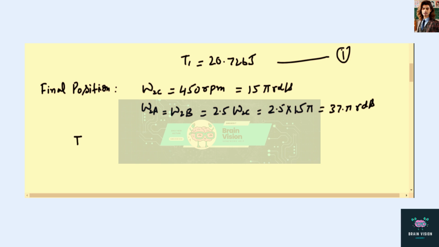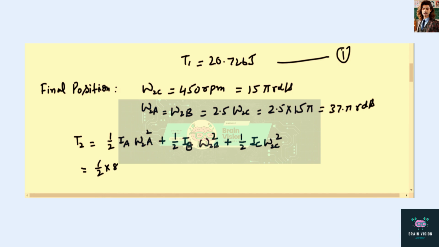Now you may calculate the total energy: half IA omega 2A square plus half IB omega 2B square plus half IC omega 2C square. Substituting the values, 8.64 into 10 to the power minus 3 into 37.5 pi whole square. I have written it wrongly here, so I am correcting it.